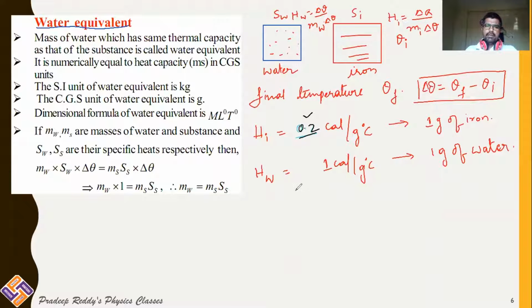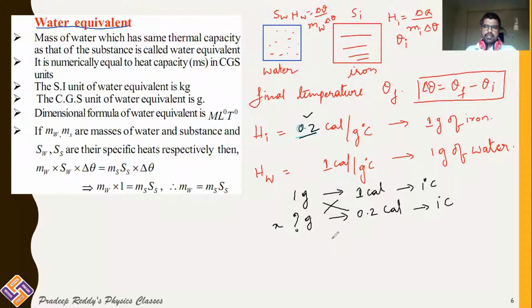For water, 1 calorie per gram degree Celsius is required to raise its temperature by 1 degree Celsius. How many grams of water is required when its heat energy is 0.2 calorie to raise it by 1 degree Celsius? What you'll do, simply you'll cross multiply. Let us consider this as x. So it is 0.2 gram is equal to x into 1 calorie.